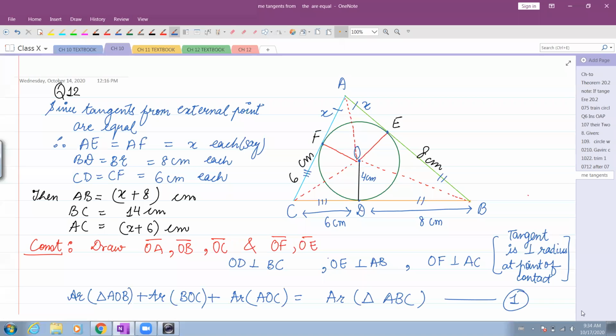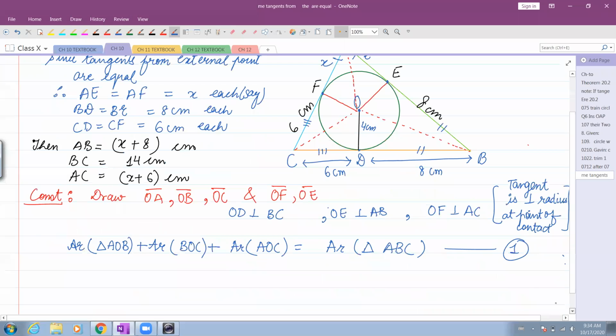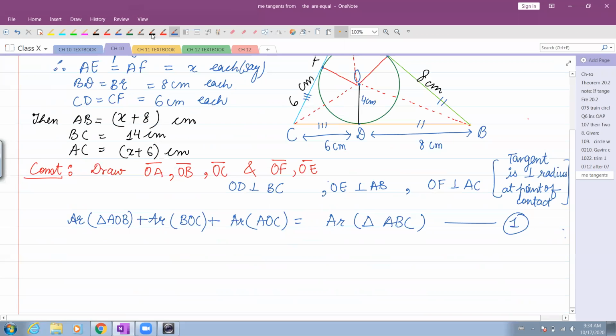This is what we're going to use, and I'm going to work out all of these and then use it in equation number 1. You can find these values one by one and then put these in the equation here. So let's find out, first of all, area of triangle AOB. This can be written as half base into height.